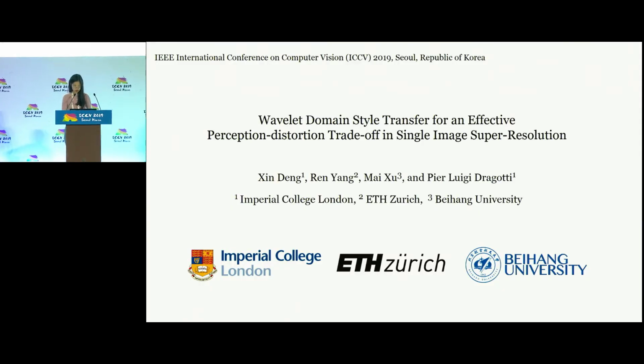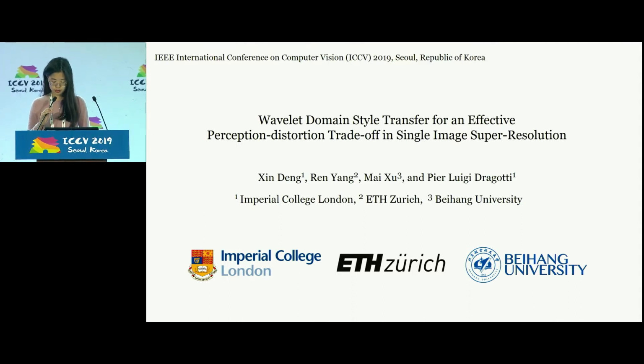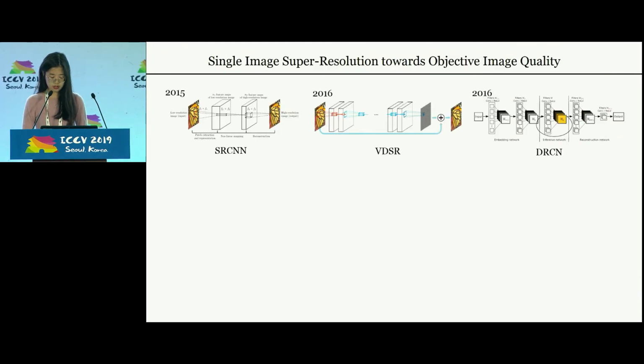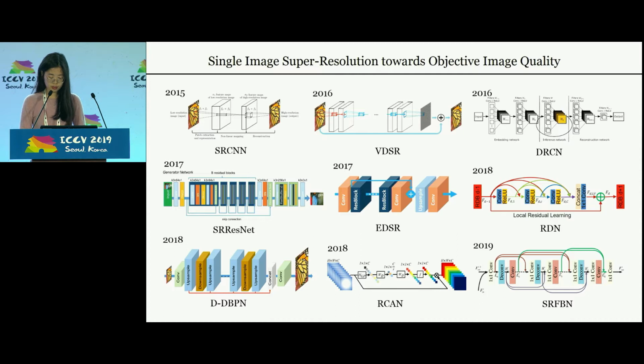Good morning, everyone. Today we will introduce methods for perception-distortion trade-off in single-image super-resolution. Single-image super-resolution aims to restore a high-resolution image from a low-resolution one. Some methods only aim to improve the objective quality, while some methods aim to improve the perceptual quality.